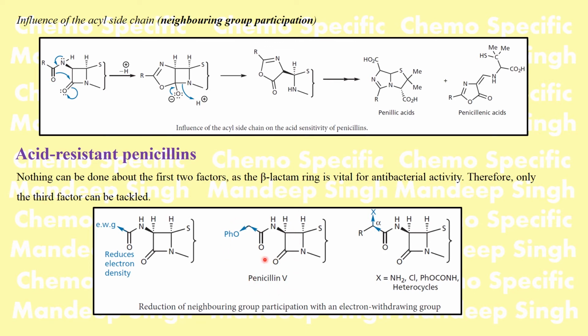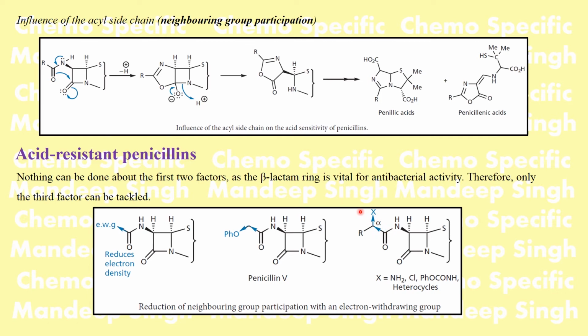Let us suppose in the case of penicillin, what we have is a phenoxy group. Here the oxygen, we know, is electronegative in nature, so it withdraws electron density from the chain and makes it much more stable to acidic conditions. Then at the alpha position we can put heteroatoms like an amine group or chloro group, or we can have a heterocyclic group.